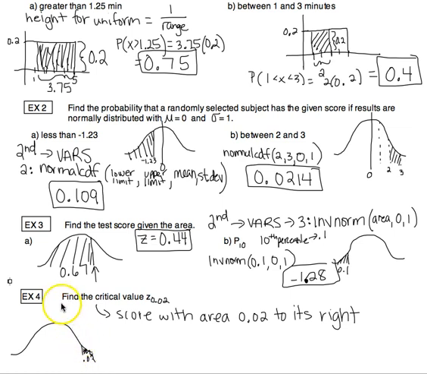Now, what I didn't tell you in example 3, because we didn't need it yet, was that anytime we use inverse norm, it automatically is assuming that that area is on the left side, because normal CDF goes from lower limit to upper limit.